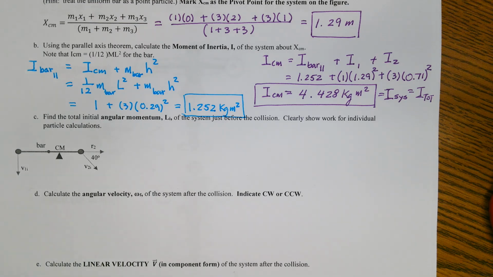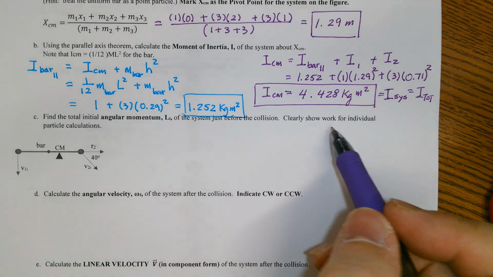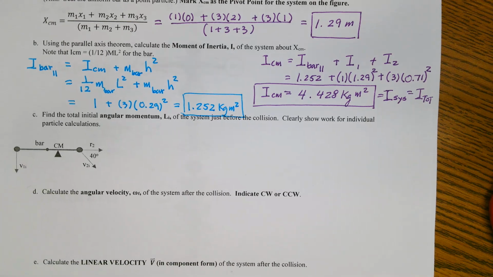Now, we have to find the total initial angular momentum of the system just before the collision. Clearly show work on individual particle calculation. I wish he would have given more room on this. Okay, well, we'll work it out.